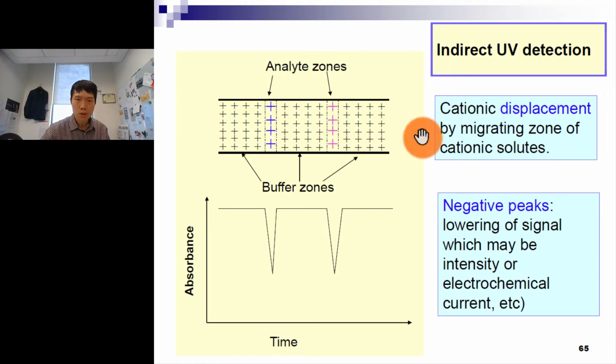Here your buffer is cationic, but then here you have your analyte cations there. So you see that when you have your sample, there's a drop in these two parts. Of course in your CE, when you render your peaks, I think they'll do an auto flip so that you see signals upwards, which is a bit more common.